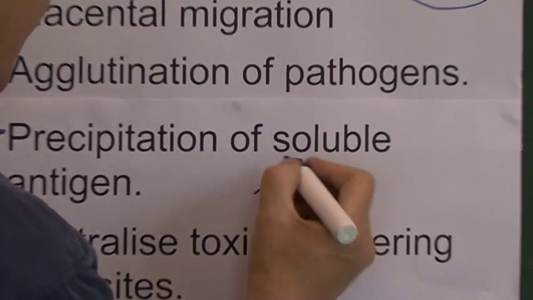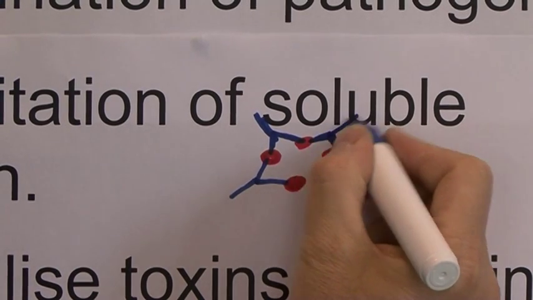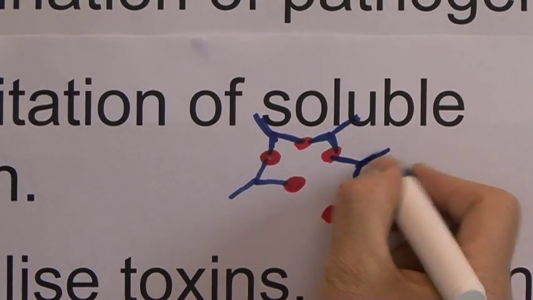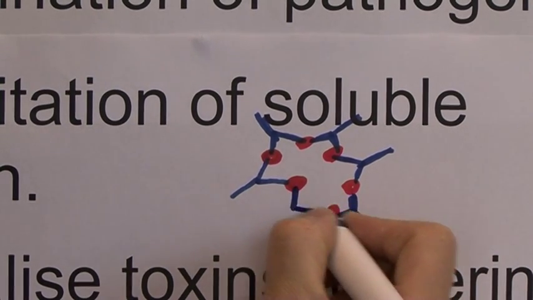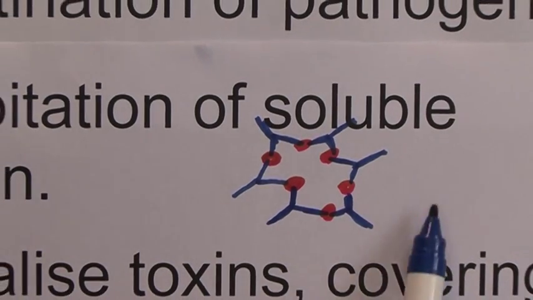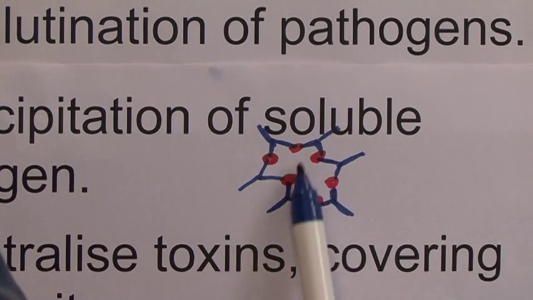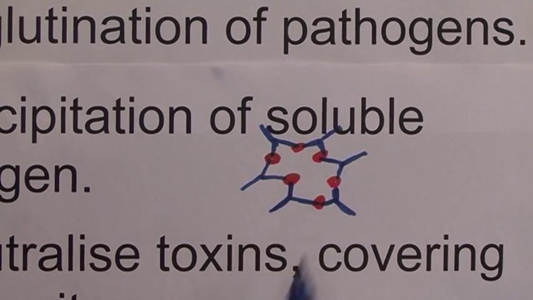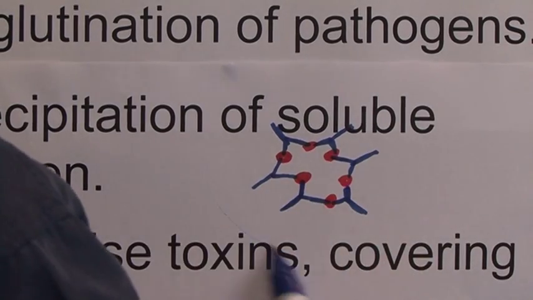And groups of antibodies will stick them all together. They'll be agglutinated and therefore precipitate out of solution, because they'll now be big molecules. And whenever we get a load of toxins, or indeed a load of pathogens, agglutinated together by antibodies, we call that an immune complex. So that's an immune complex there.